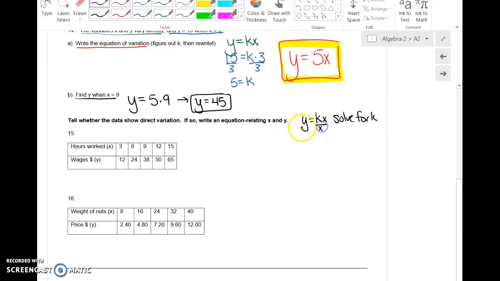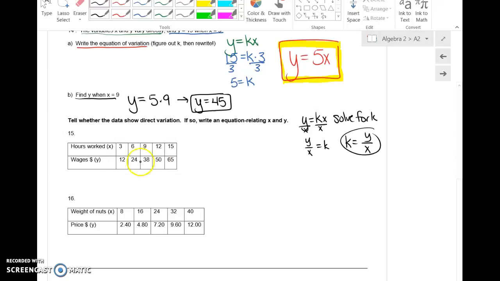We would divide both sides by x to get k equals y over x. So if I rewrite that around, k equals y over x. And if you think about slope, k is the slope. The y values divided by the x values, that's the rate of change.